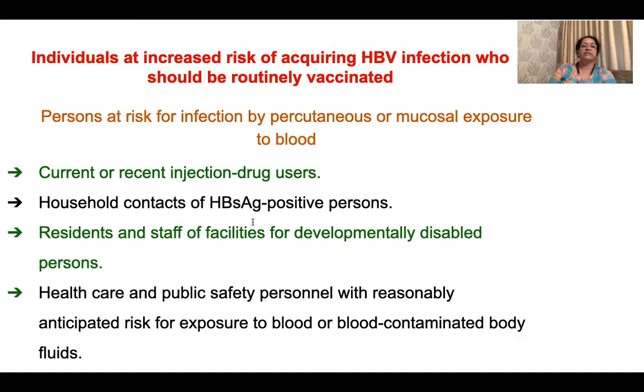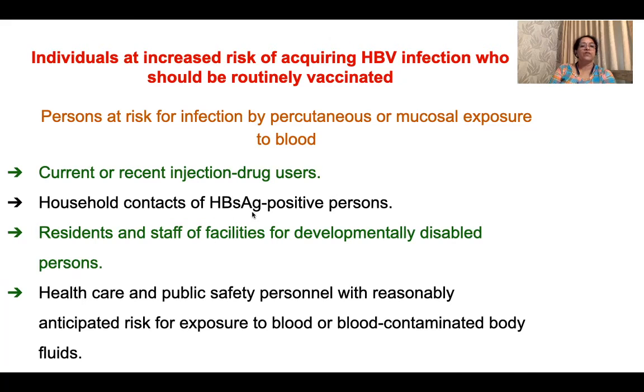Individuals at increased risk of acquiring HBV infection who should be routinely vaccinated are listed here, where persons at risk for infection by percutaneous or mucosal exposure to blood are considered first. Here, current or recent injection drug users are in this risk category.